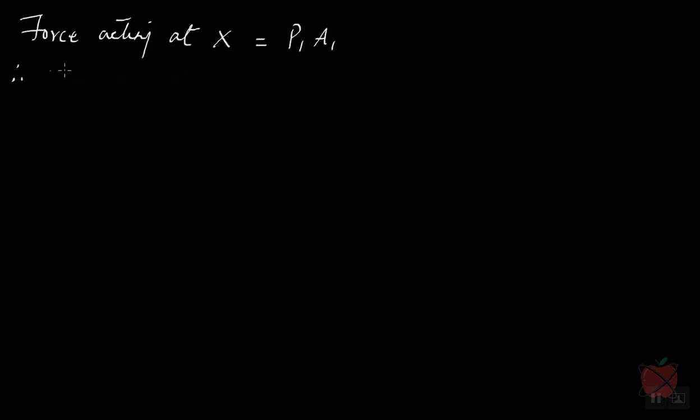So therefore work done per unit time by the liquid pressure. I'm going to cut short the words out here. We'll just say at X, this will be what? We know that work is force into displacement, right? So this will be P1 A1 into displacement.